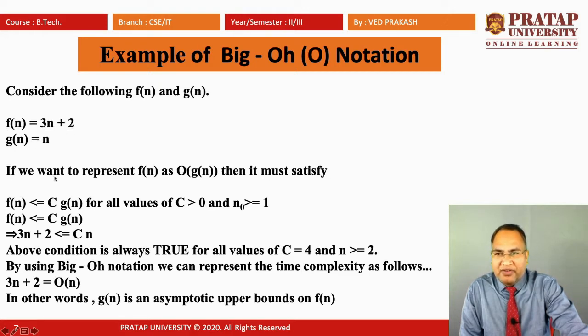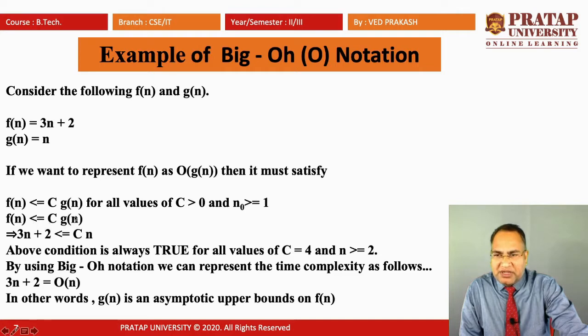According to the definition of F(n) as big O of G(n), we need to satisfy these conditions: F(n) should always be less than or equal to a constant multiple of G(n), for C greater than 0 and n greater than or equal to 1.